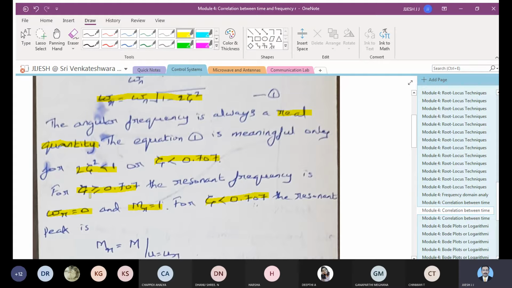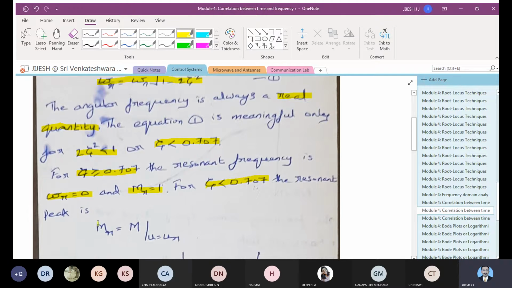This is what we are going to consider, and mr we are taking as 1. For zeta less than 0.707, the resonant peak will be mr is equal to m for u is equal to ur. So mr and m will be the same when u is equal to ur. This is what you can understand here.